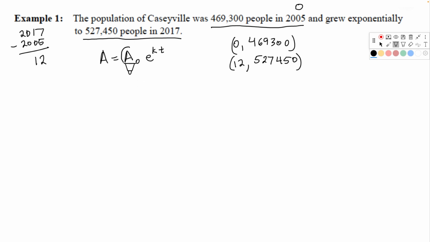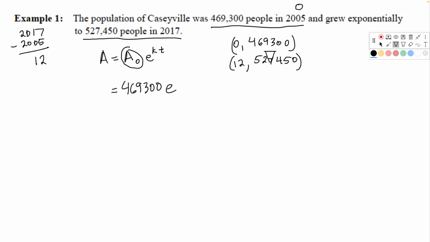So this value right here is 469,300. E is not a variable, it is a number. But then we have K and T and this number here. One thing you could do is put in 0 for T and solve it, but if you've got the starting value, we just let that be A.